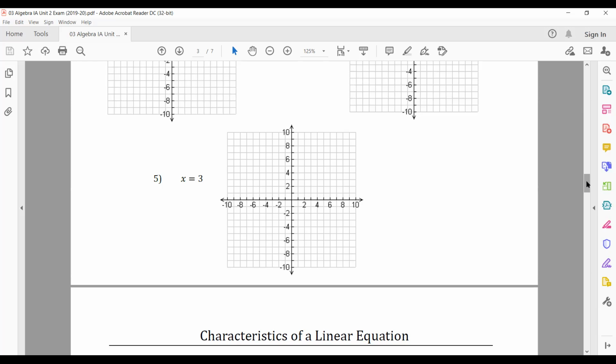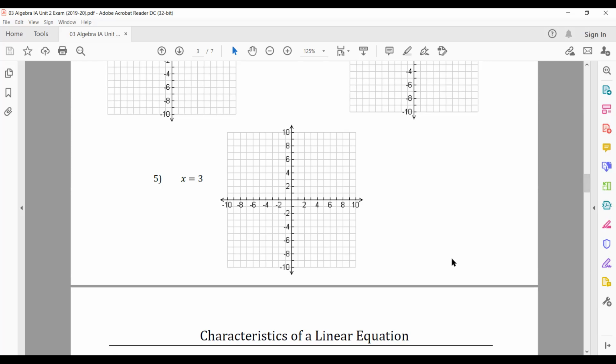Don't forget, every vertical line is undefined slope, and they all start with x equals some number. So you would go over on the graph to where x is 3 and draw a line straight up and down, because every point on that line is going to have an x value of 3.